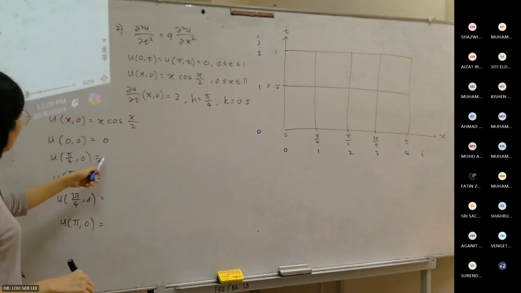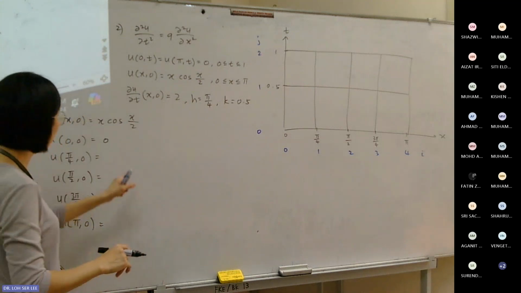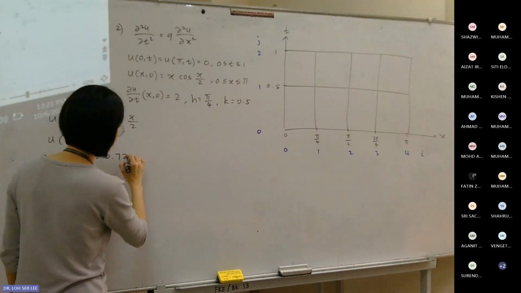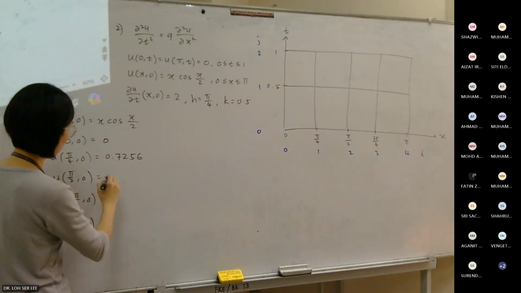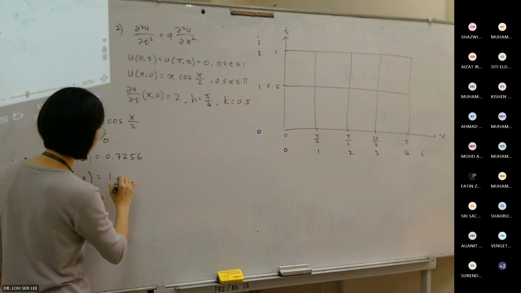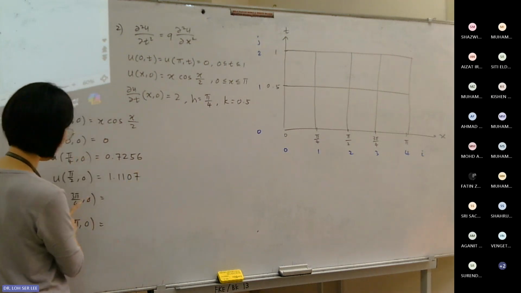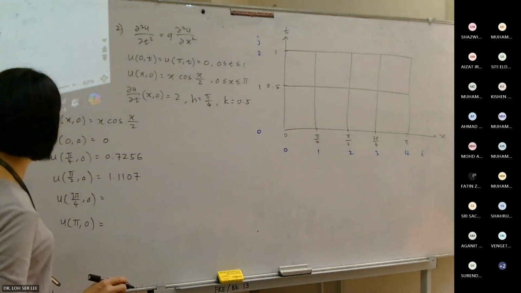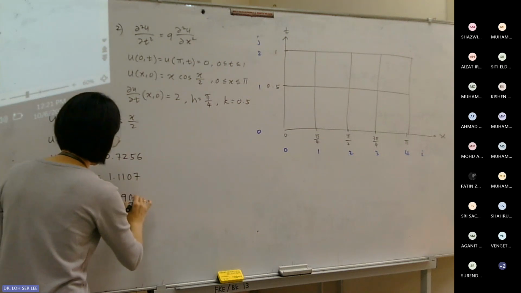When x is pi over 4, you get a value 0.7256. Pi over 2, 1.1107. Next one, 0.7256.